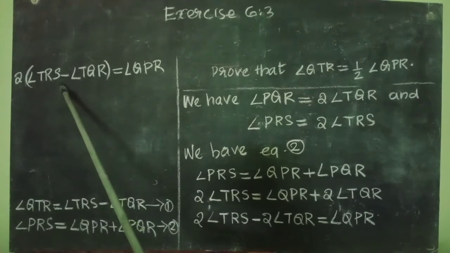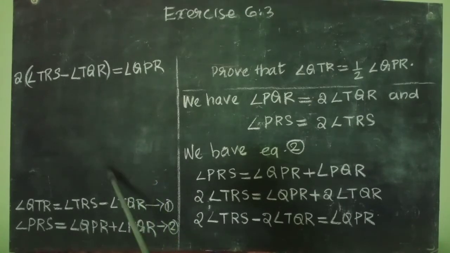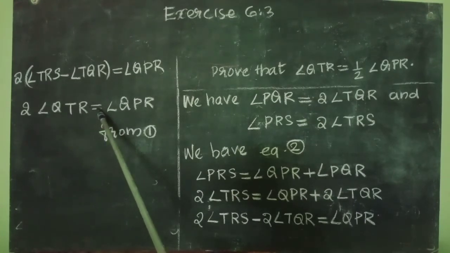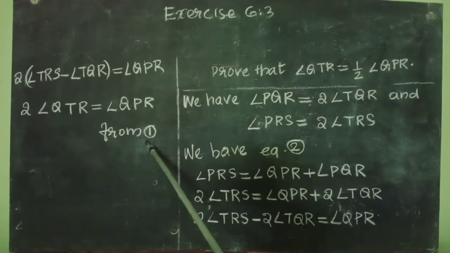So we can replace angle TRS minus angle TQR by angle QTR because they are equal. So we get 2 angle QTR equals angle QPR.